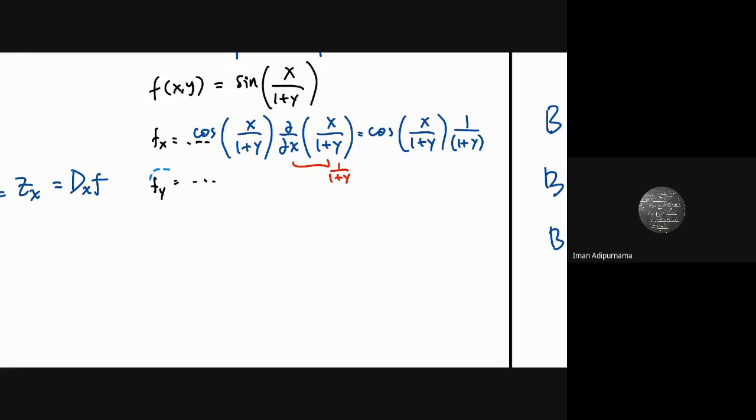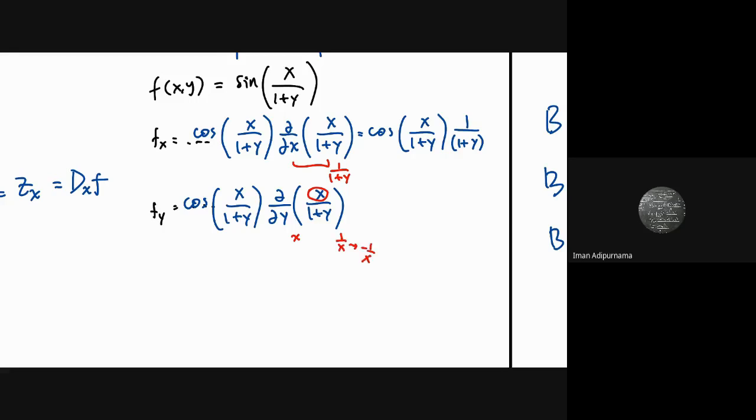And now the partial y. The same thing, we differentiate the sine and it becomes x over 1 plus y, but we are differentiating with respect to y. Now, if we look at the x here, we treat x as a constant because we differentiate with y. So x is still x, and then the bottom part is just like if you have 1 over x, this will be negative 1 over x squared, right?